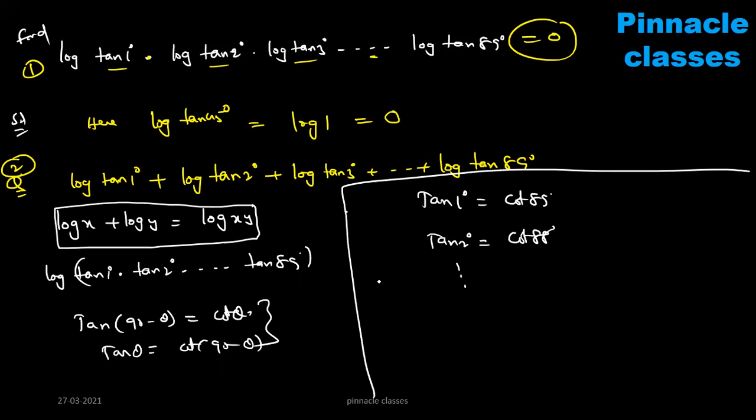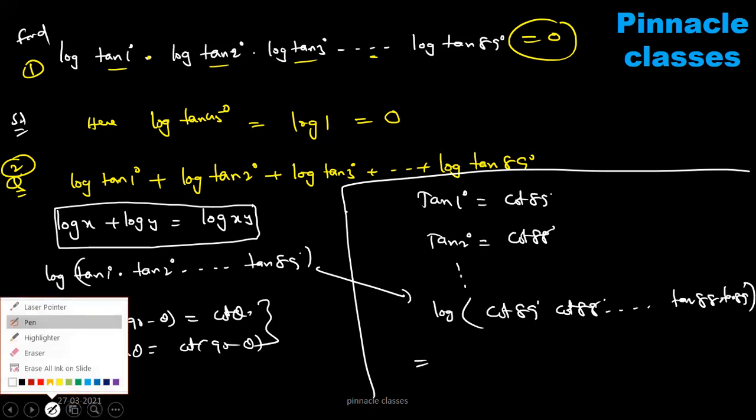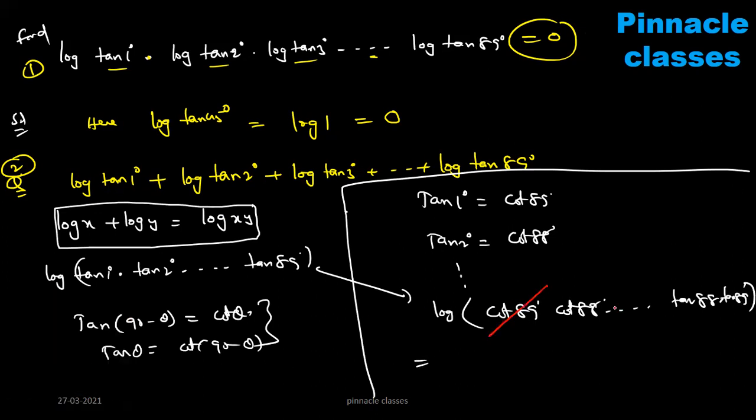Then tan 88, tan 89. Cot 89 and tan 89 both are cancelled. Why? Because cot theta into tan theta value is 1.